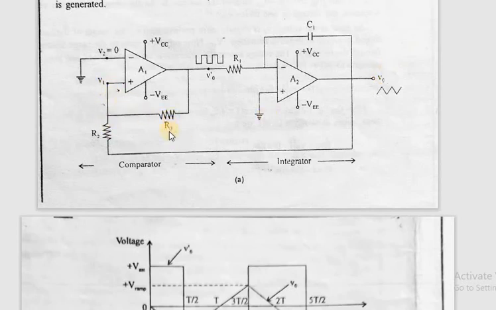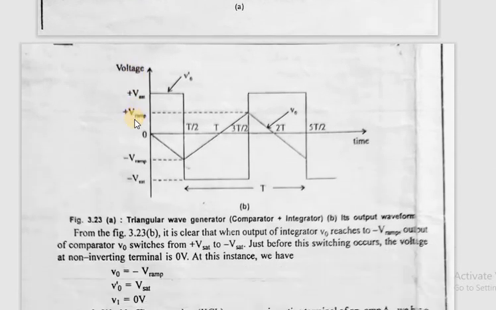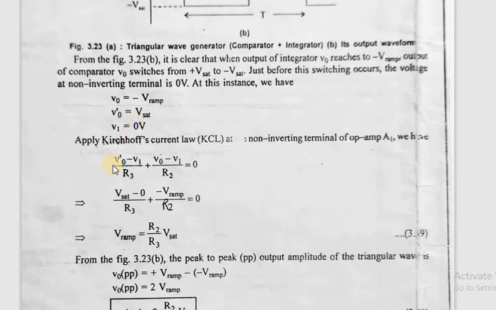In case of R3, we can write V0 dash minus V1 upon R3 plus V0 minus V1 upon R2, and the sum of these two will be 0. So this I have written here.